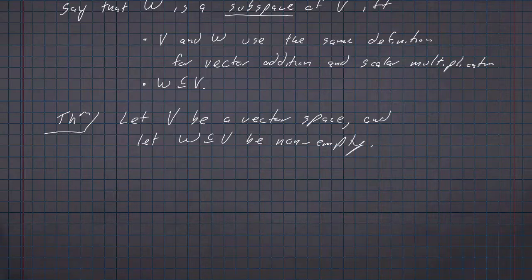In order to use this, we want to consider a vector space V, and we want a subset of V we'll call W. And we do have to insist that it is non-empty. Remember from the last video that the empty set is not a vector space. So having a non-empty set is important.